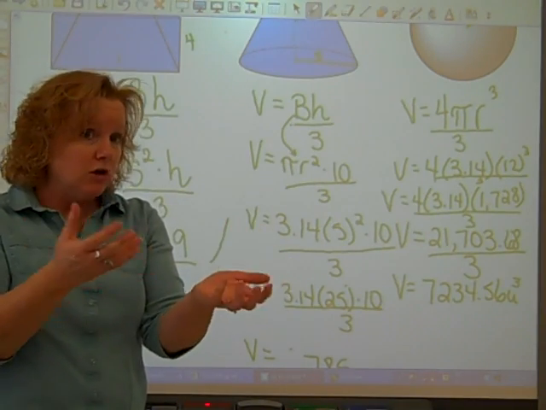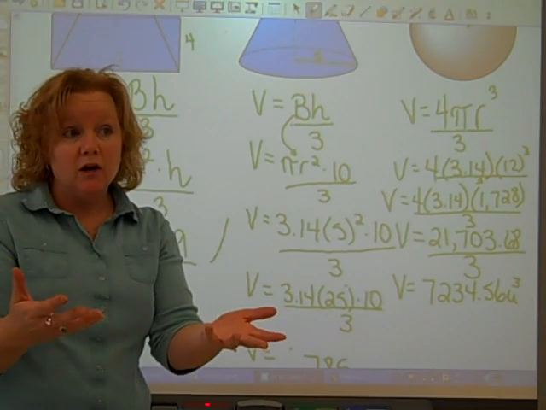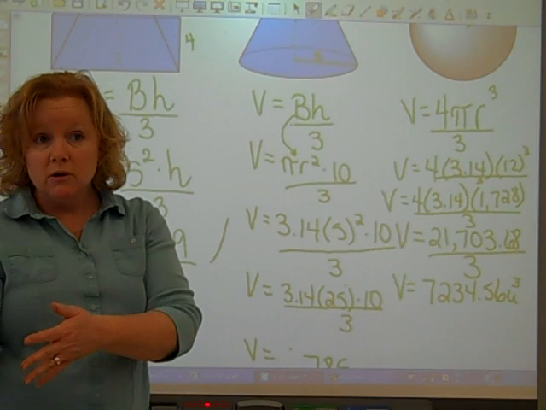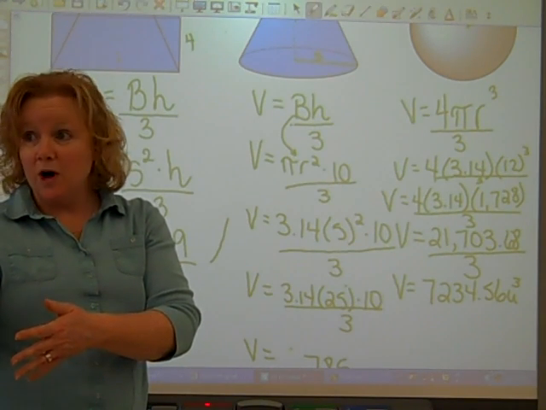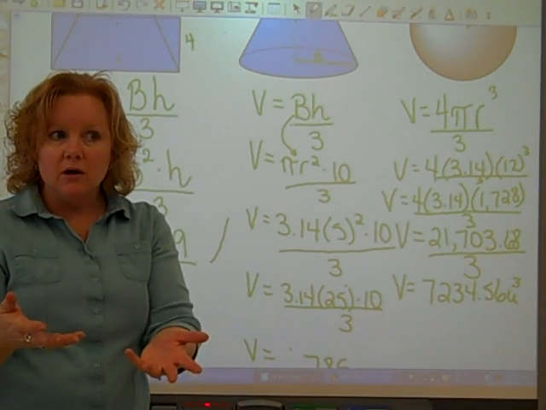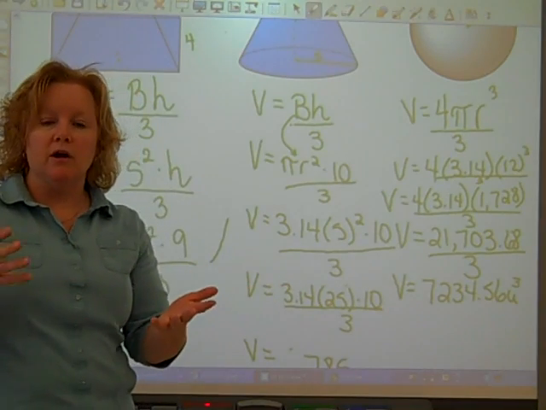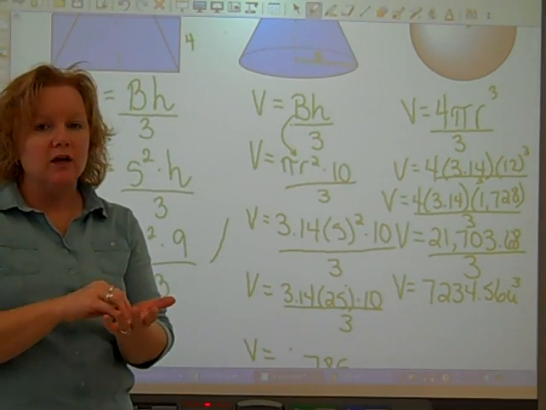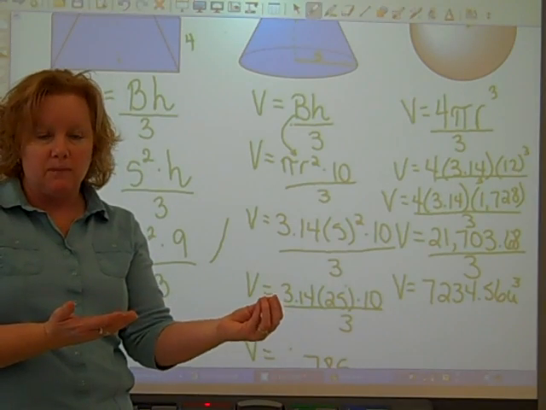If it's a circle, you use pi times radius squared. If it's a triangle, you'd use one half base times height. What if my base is a square? Base times height, or s squared. So you have to be able to recognize what the base is and know the formula for the area.